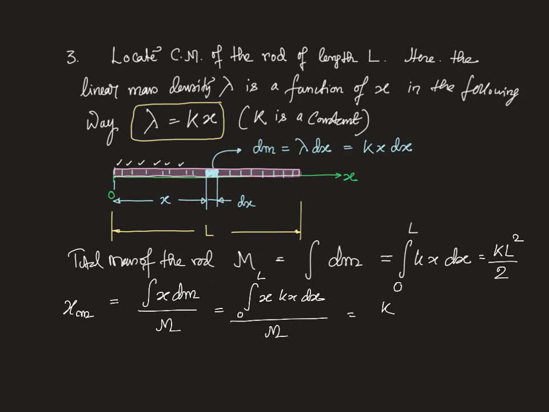So integral x square dx is x cube by 3 with limit 0 to L. Now there I can substitute KL square by 2. So it's actually KL cube by 3 divided by KL square by 2. So XCM will come out to be 2L by 3.